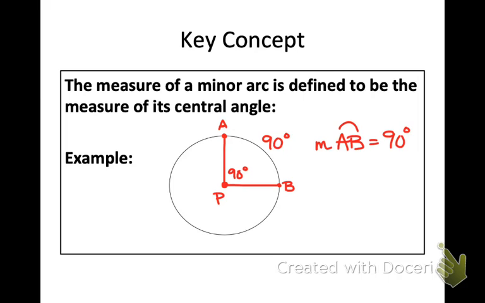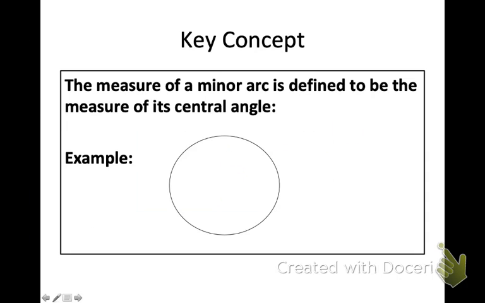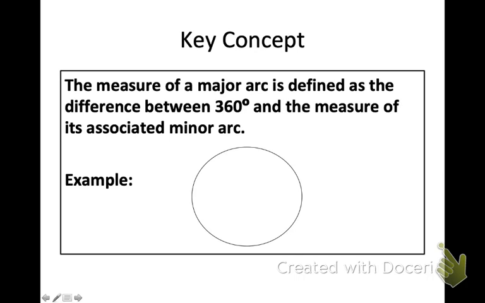Okay? So in our second option, talking about your major arcs, bring that right angle back. So 90 degrees, A, B, P. Just recreate that in the second circle. Now add a third point C somewhere off to the left.